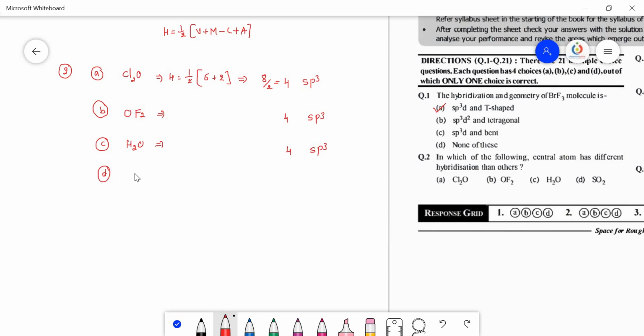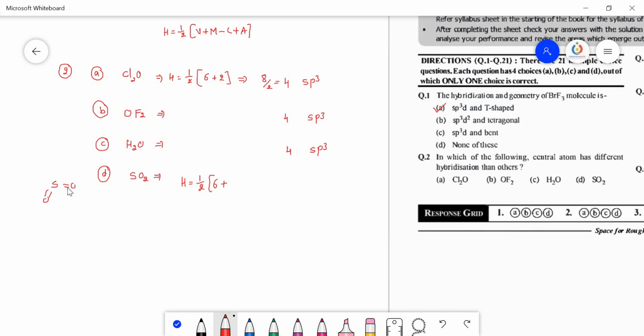And option D, if you see the SO2 molecule. In the SO2 molecule, each oxygen forms 2 bonds with the sulfur. So now we need to calculate the hybridization. H equals half into the valency of sulfur, which is 6, plus, here the oxygen atoms are not forming single bonds, they are forming double bonds.